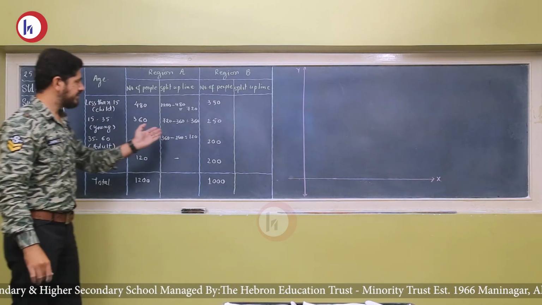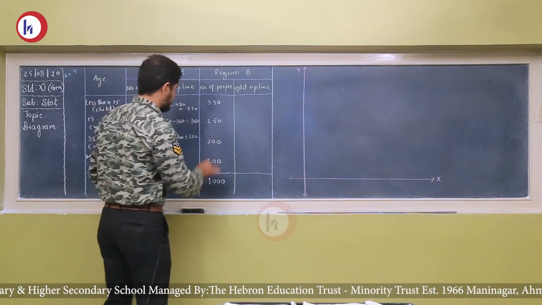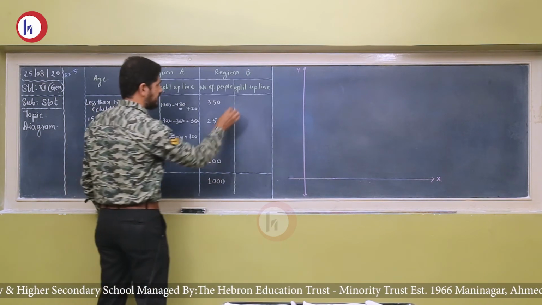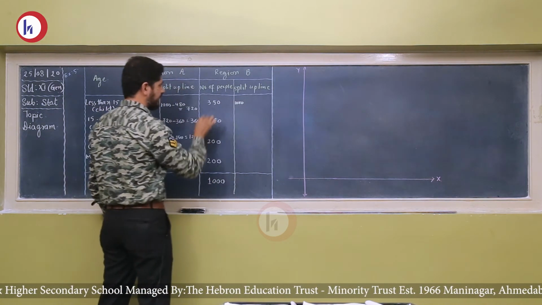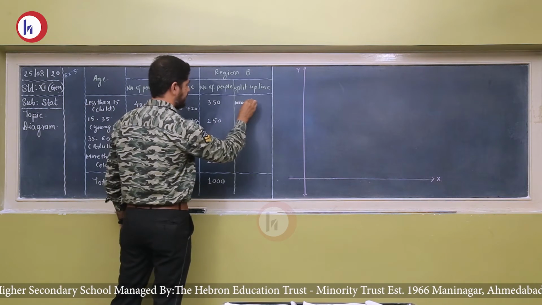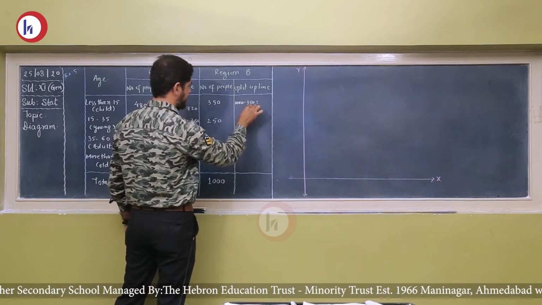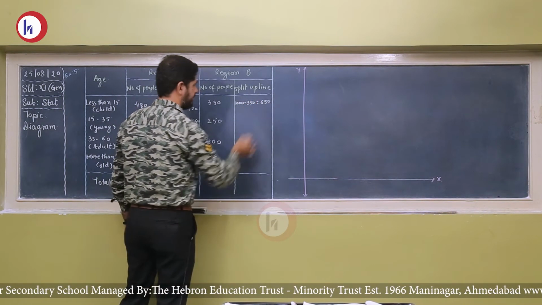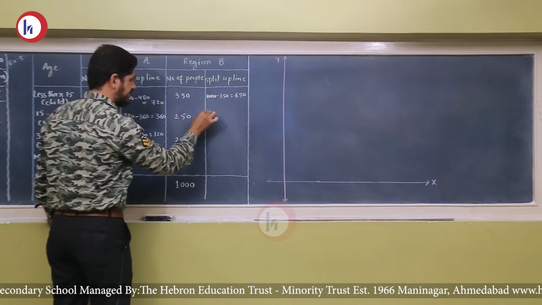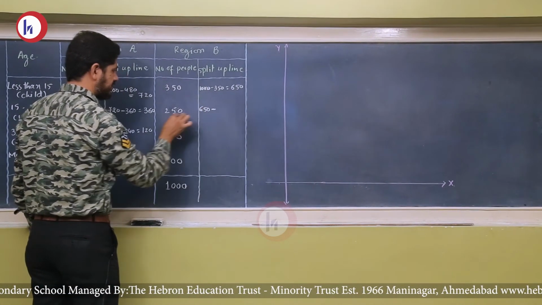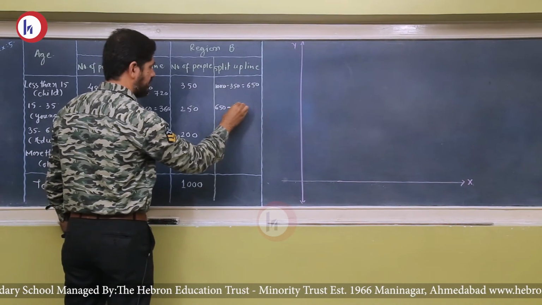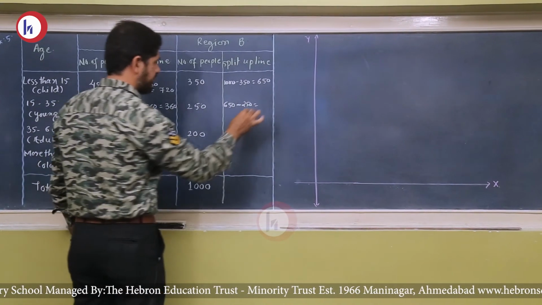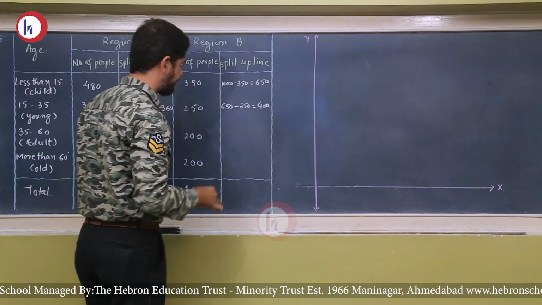Now do the same in region B. The total number is 1000. Subtract the first number, 350, and we get 650. Now copy 650 here. Subtract the second number of people, and we get 400.